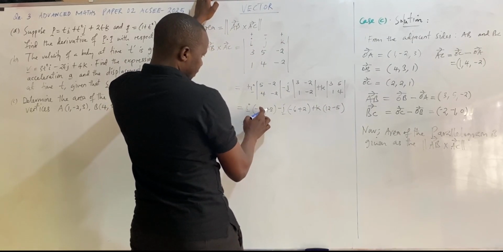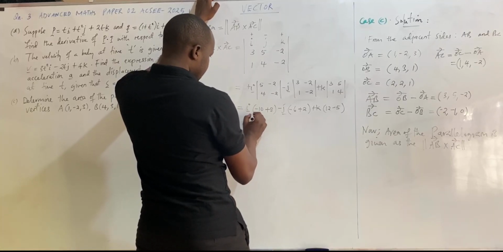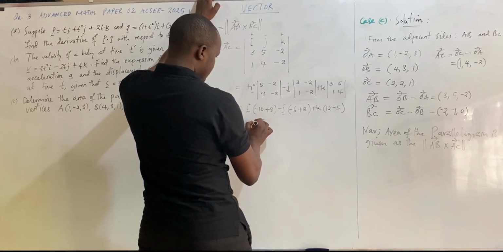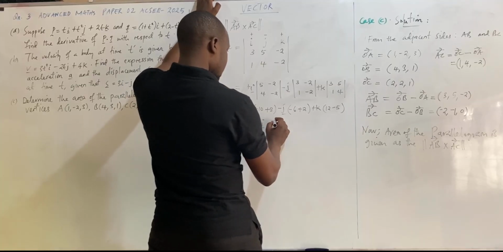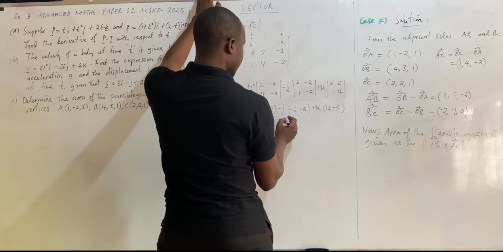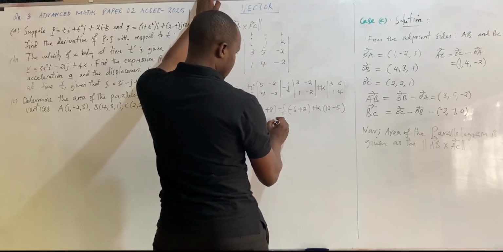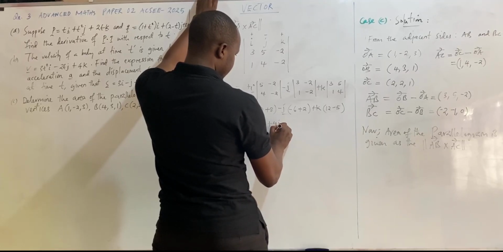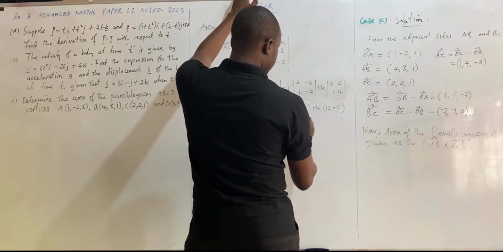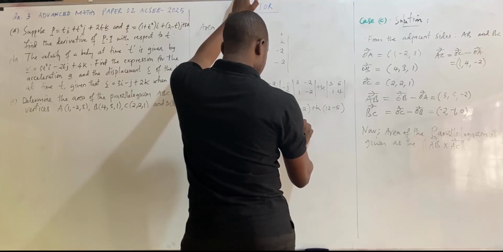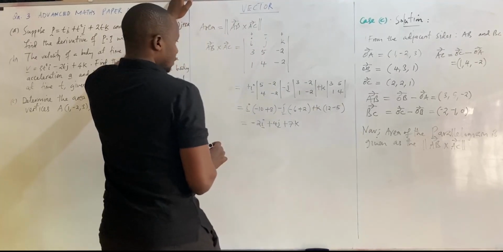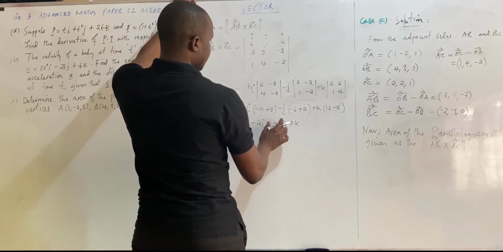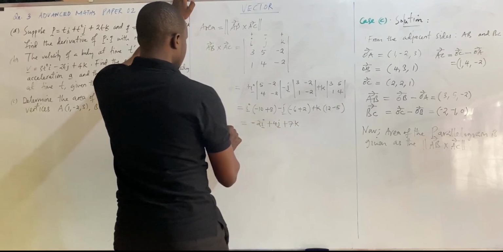So now operate. We get negative 2i. Then negative 4 plus, times that, we get positive 4j vector. Then this will be 7, so we plus 7k. So that now will be the cross product.